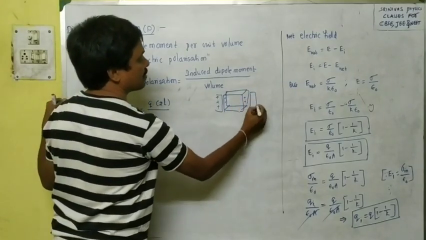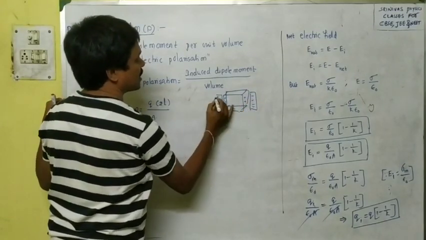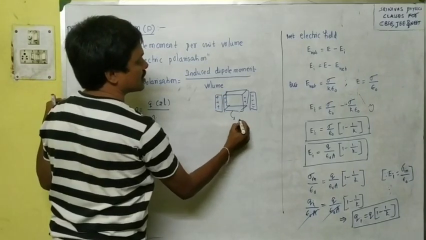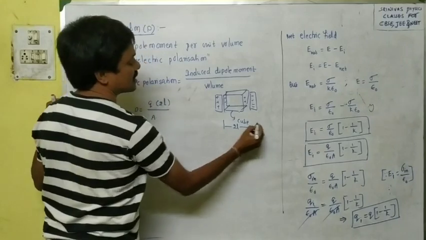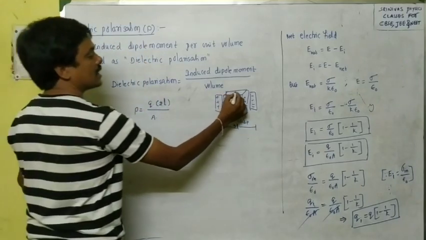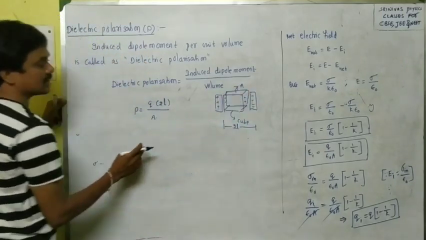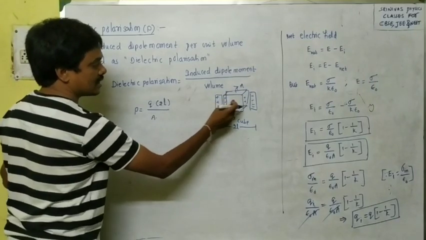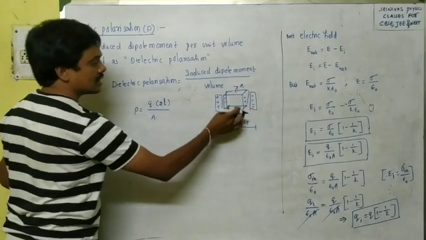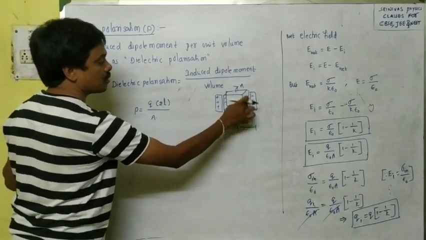This is the applied electric field, we are applying the electric field to the cube. 2L is the separation and A is the area. Negative attracts this side, positive attracts that side, that's why some charges induce on both sides.